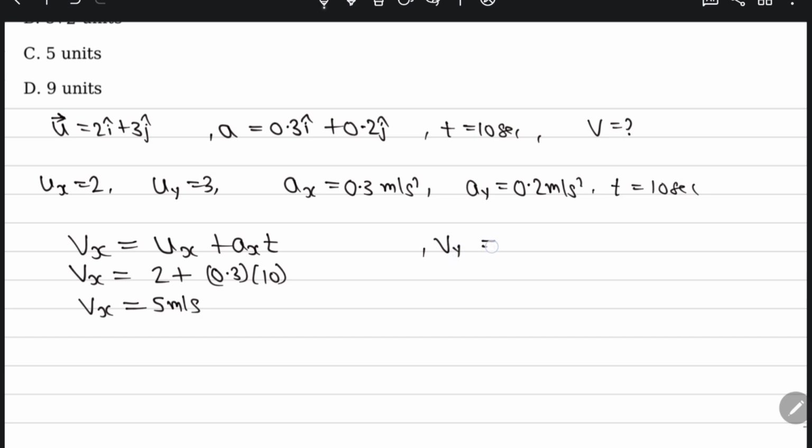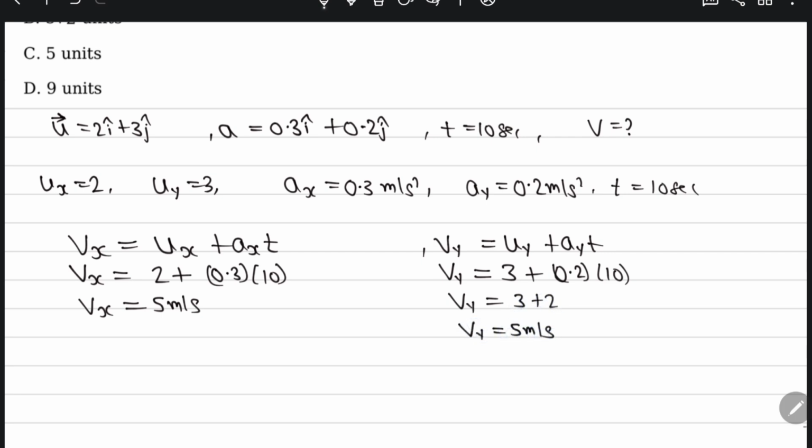Velocity in the y direction is uy plus ay into t, which is 3 plus 0.2 into 10, so 3 plus 2, which is also 5 meter per second.